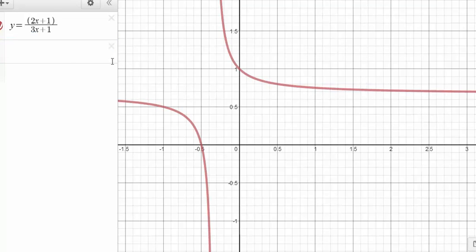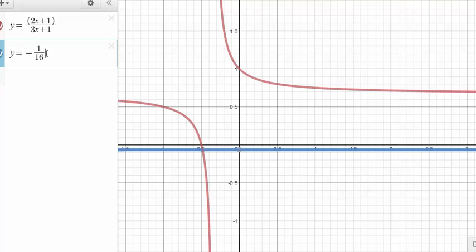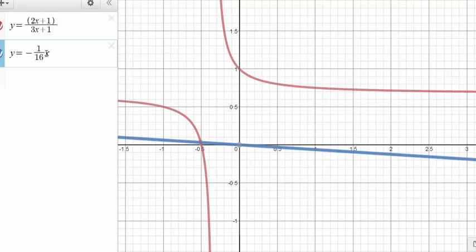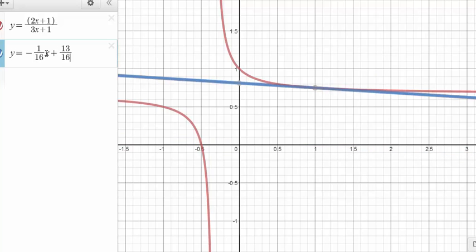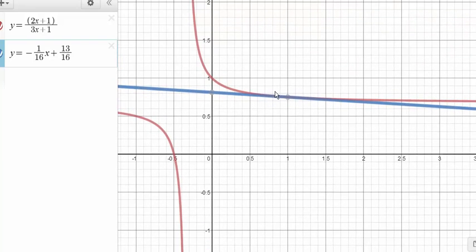Okay, so there's our red line, and our equation for our tangent line is negative 1/16 times x plus 13/16. And what I want you to notice is that at 1, 3/4, our blue line and our red line intersect and we've got our tangent line.